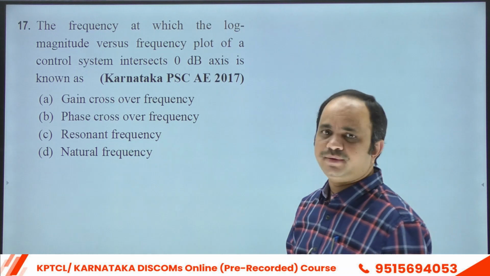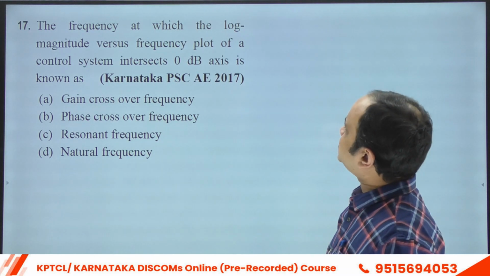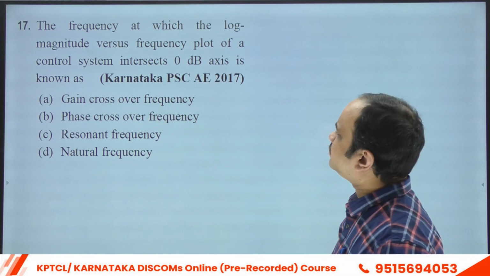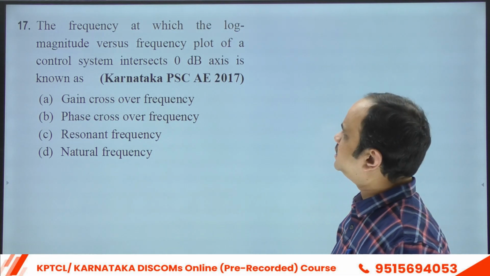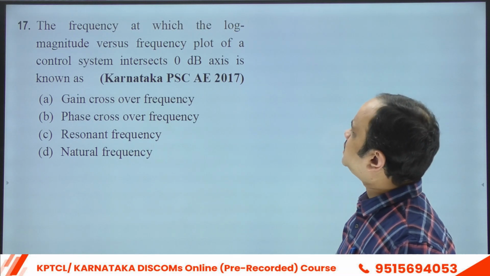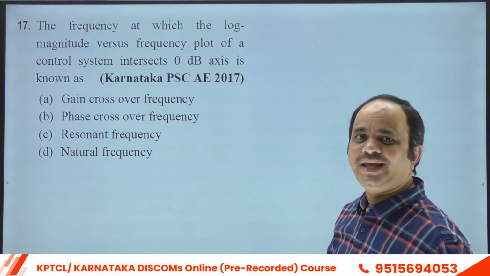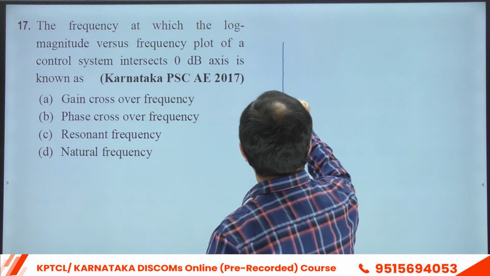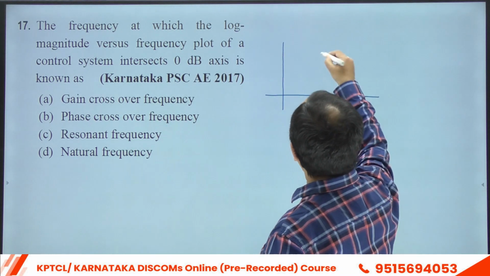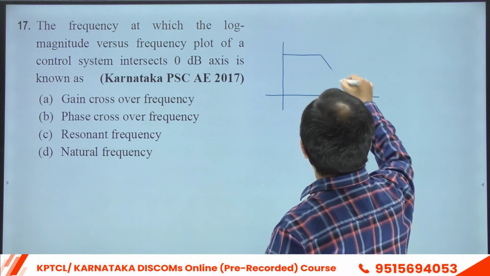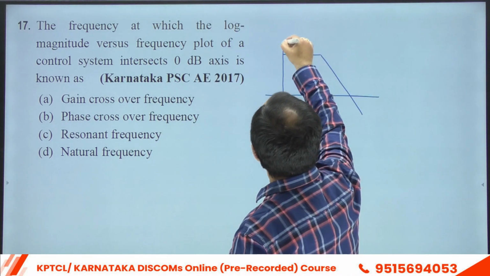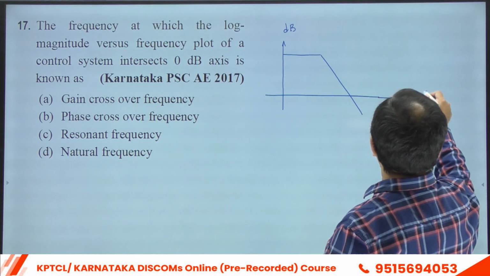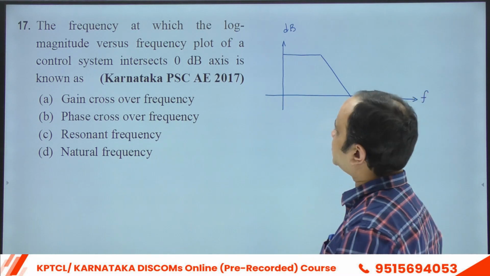Okay, next one. The frequency at which the log magnitude, the magnitude of the given transfer function in decibels versus frequency plot of a control system, intersects the 0 dB axis. As per the given description, this is a log magnitude plot, y-axis dB, x-axis frequency in a logarithmic scale.